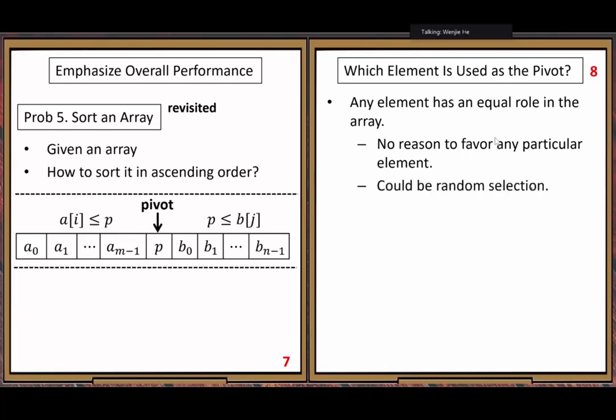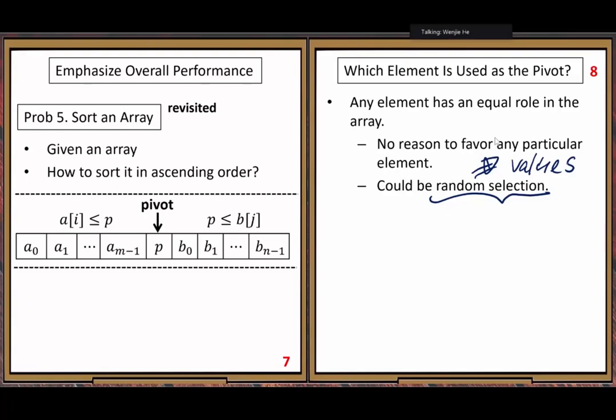But another consideration. When we do random selection here, we are talking about values, right? Data values. Regarding the data values, we do random selection.